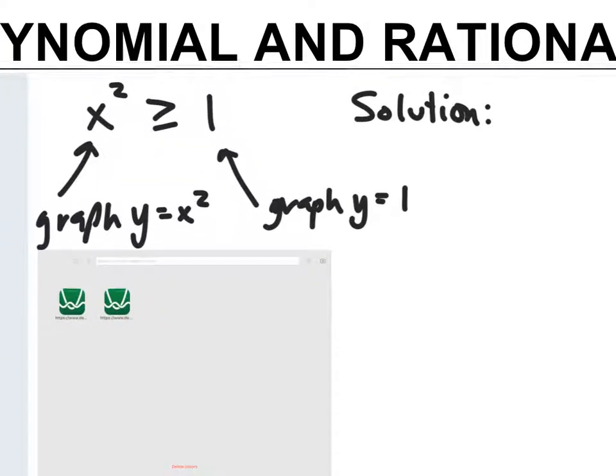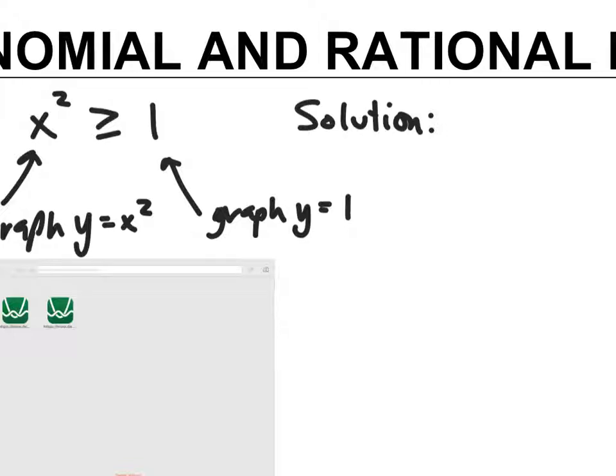Let me highlight this on the graph as well. I know that we are larger than 1 on the intervals from negative infinity to negative 1, and then from 1 to positive infinity.